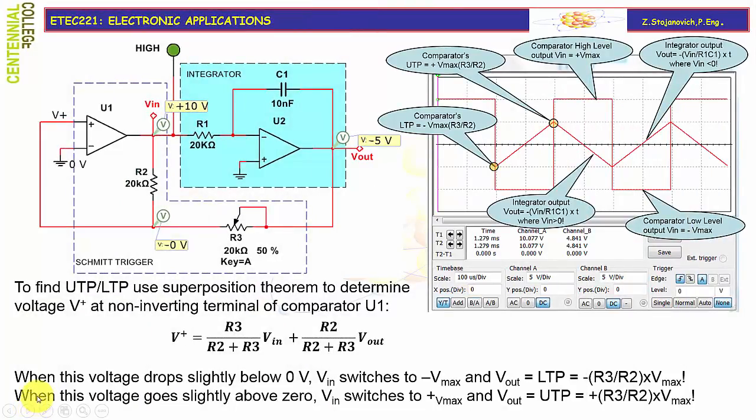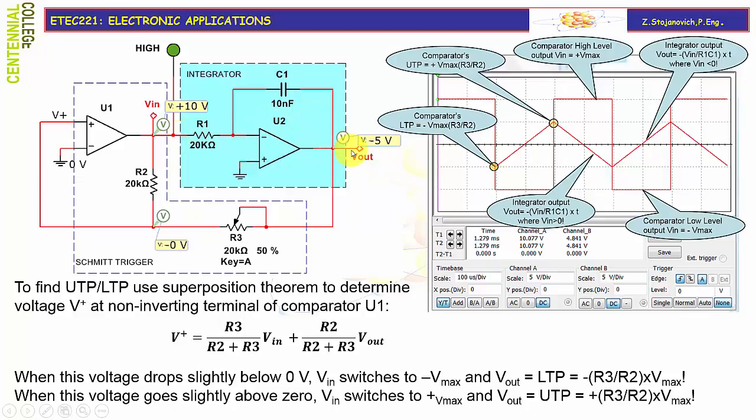Let's look into more detailed operation of the integrator RC relaxation oscillator, and at the same time look at the diagram of the waveform at the output of the integrator and at the output of the comparator. Let's say when the comparator output is high, like in this case 10 volts, the input of the integrator will see a positive constant voltage, Vmax, and it will start ramping down.